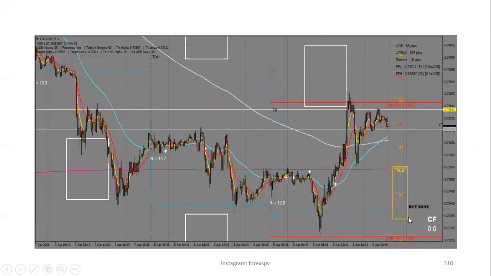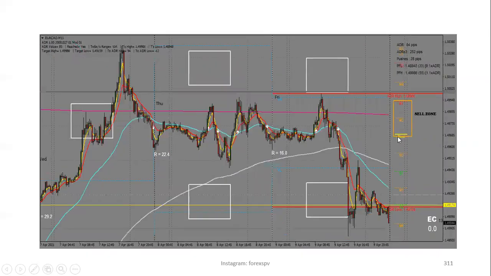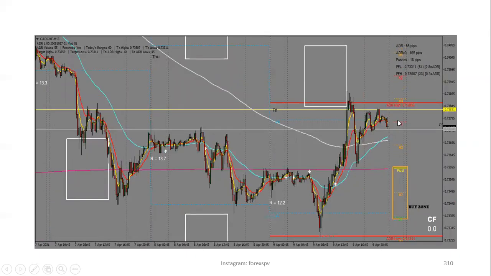And for the sell zone, I've marked the CPP, the M3 and R1. So around these 3 levels, if you find the pattern forming from there, then it's a high probability setup for you to take for a sell. So I've marked these 3 pivots as our sell zone area.